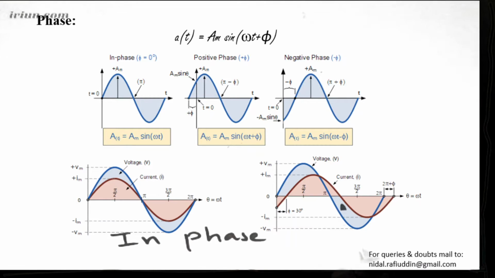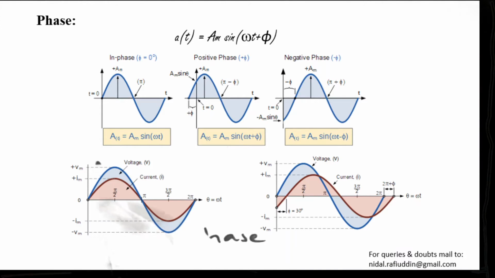Well, if you look into the second figure, we have the peak of the current that appears later than the peak of the voltage, which means that the current is lagging the voltage. So let us write the expression for this case.